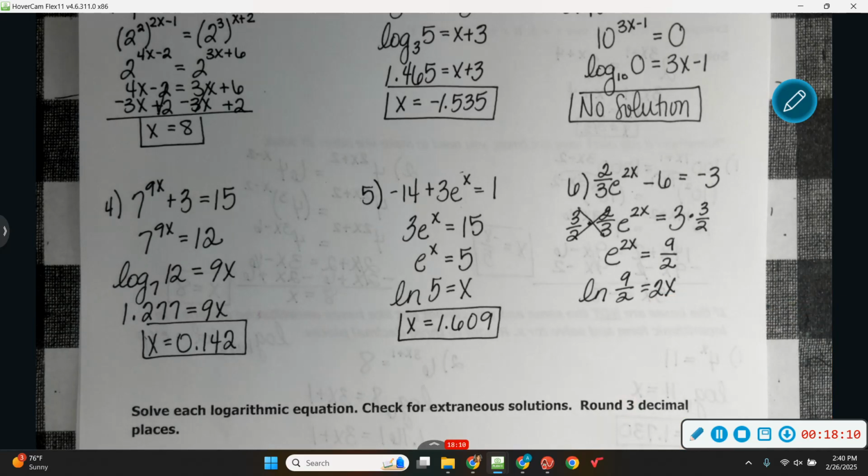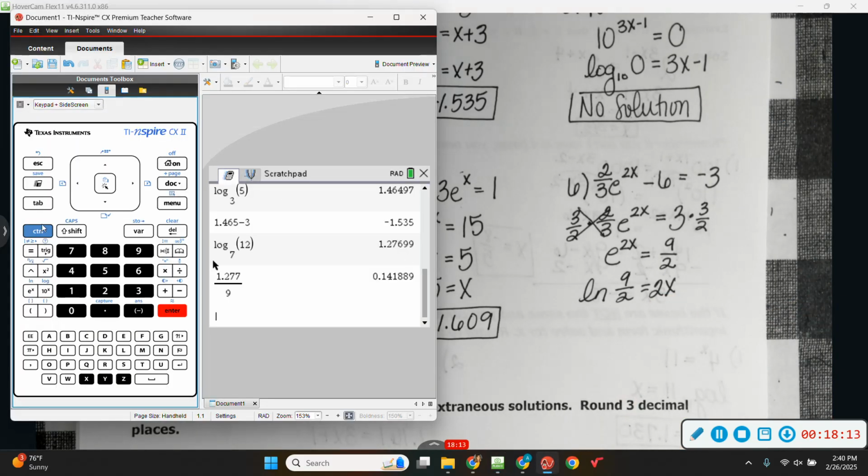So when I do the natural log of 9/2, you can either write it like that, your calculator will automatically put it in a fraction, or you can do control divide, and that will give you the fraction template to enter in your 9/2 as a fraction.